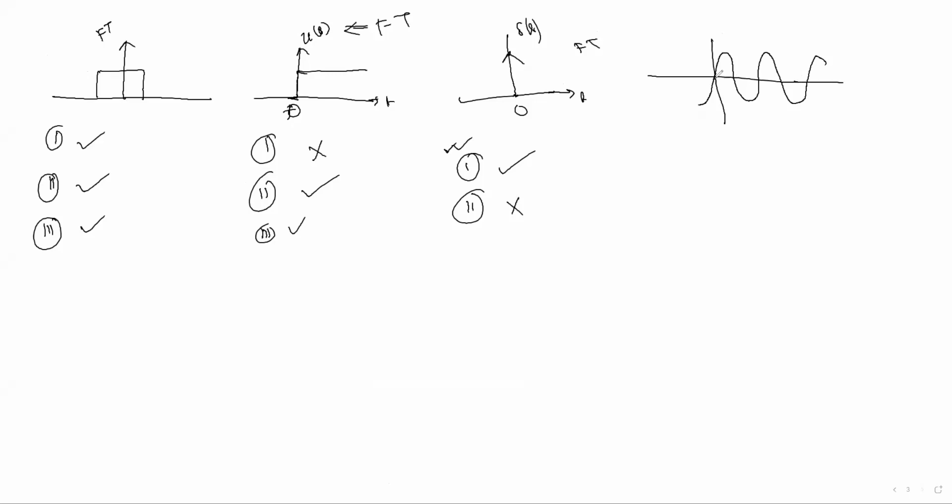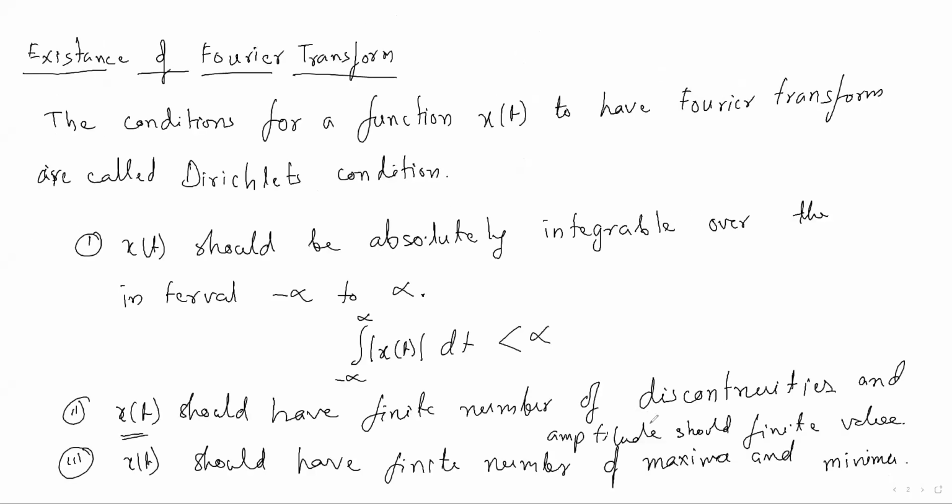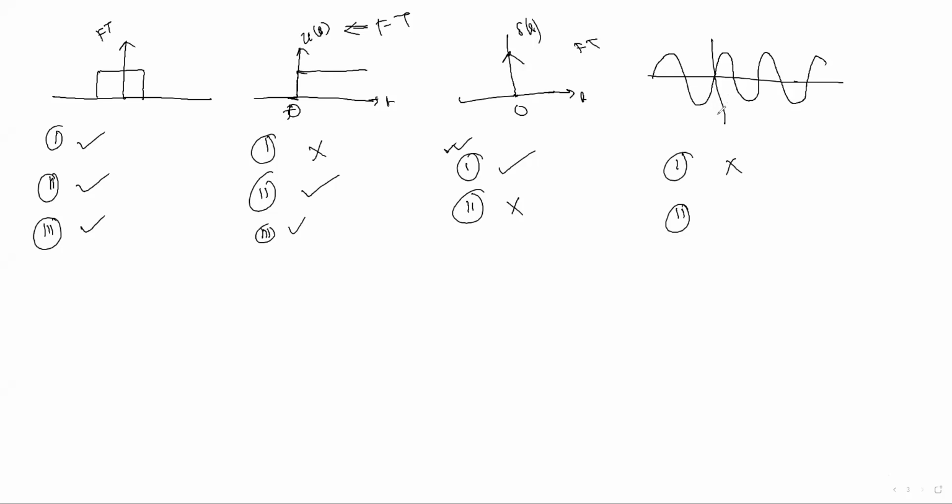What about the sine wave or cosine wave? Is the first condition satisfied? No, because the area from minus infinity to infinity will be infinity. What is the second condition? There is no discontinuity. There should be a finite number of discontinuities, so if there are none, there is no problem. If there were an infinite number of discontinuities, there would be a problem.